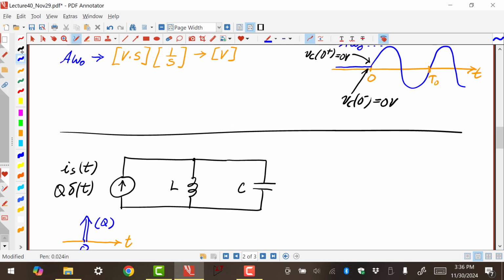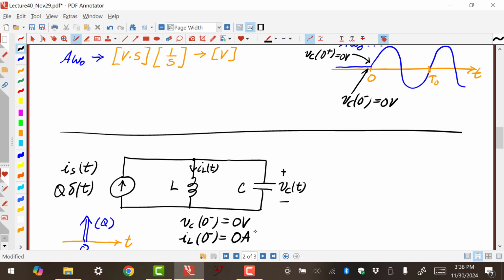So here we have the inductor current with the capacitor voltage. And let's say the initial conditions are 0 again. So we have VC 0 minus equal to 0 volts, and IL 0 minus equal to 0 amps.